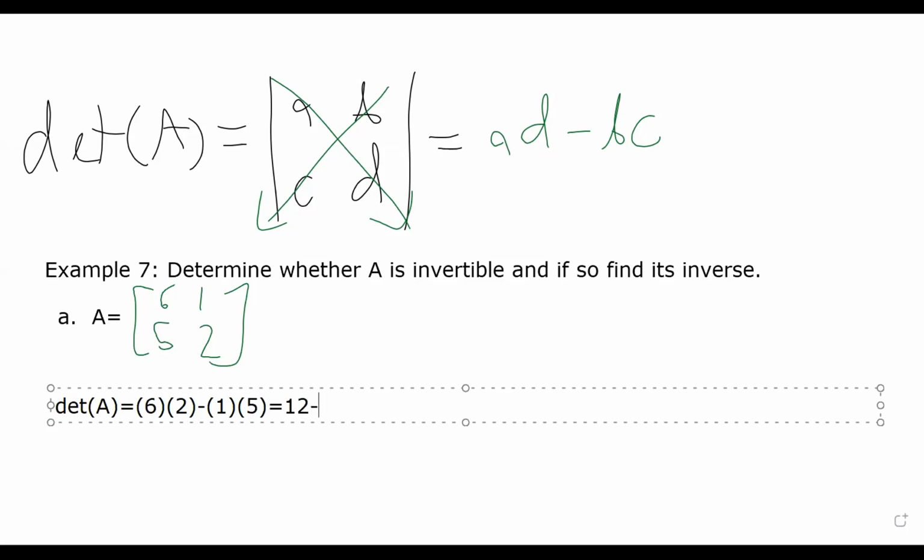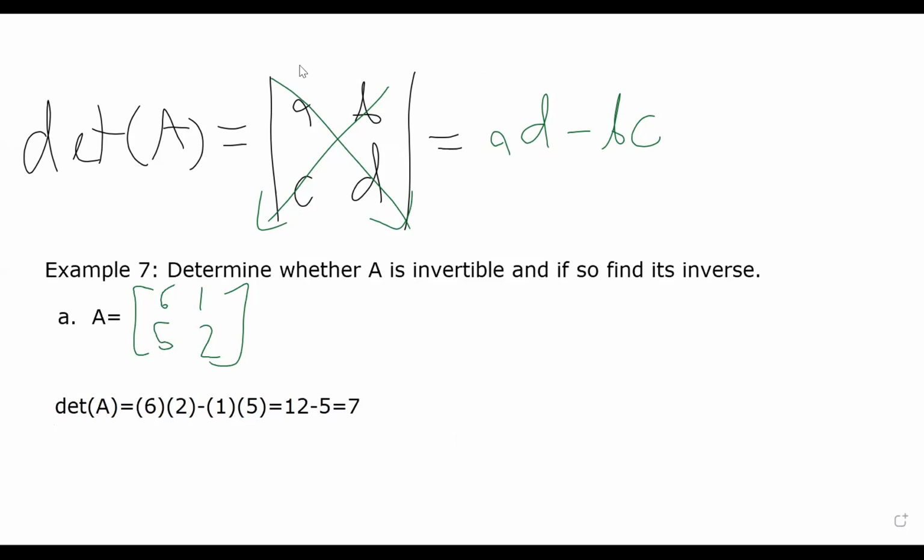That's equal to 12 minus 5, which is 7, and that does not equal 0. So remember, you just cross multiply: 6 times 2 minus 1 times 5 is the determinant. 12 minus 5 is 7, and this does not equal 0. So the determinant does not equal 0.